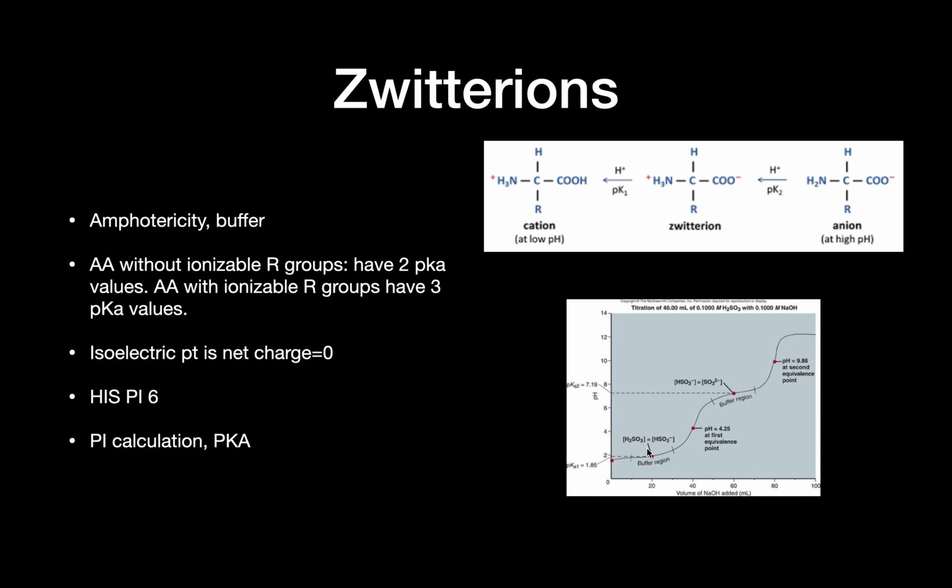So knowing those two values, you can calculate the PI, and the PI is very specific. I wouldn't recommend memorizing all of the PIs of the amino acids, but you need to know at least one. Histidine has a PI of 6, and that is what makes it the perfect buffer because the pH of blood is around 7.4.